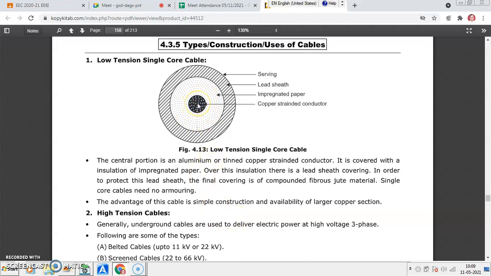Now this is single core cable. Depending upon the number of conductors, you may have 2 core, 3 core, 4 core cables. This particular cable has simple construction.